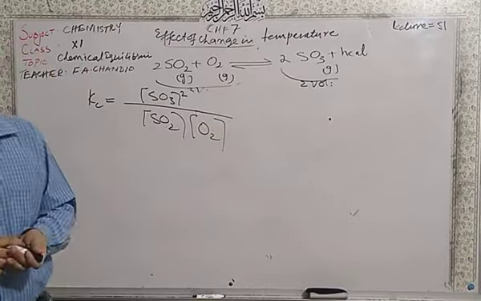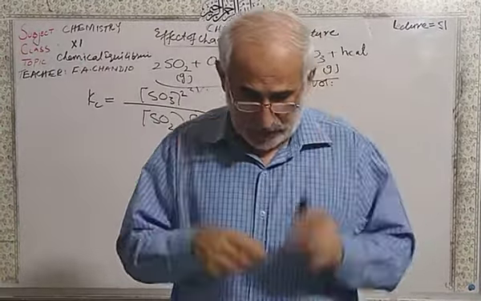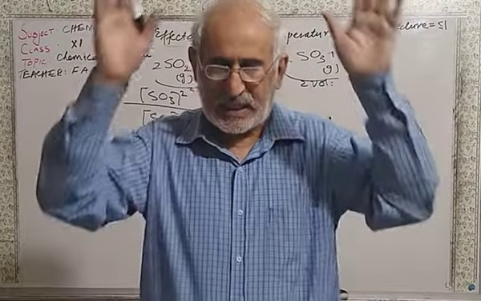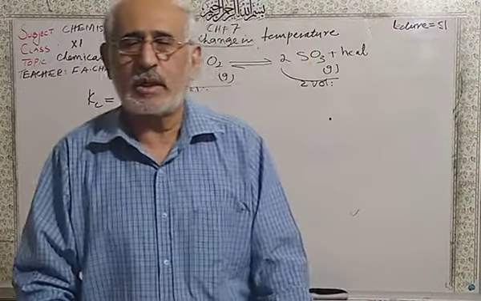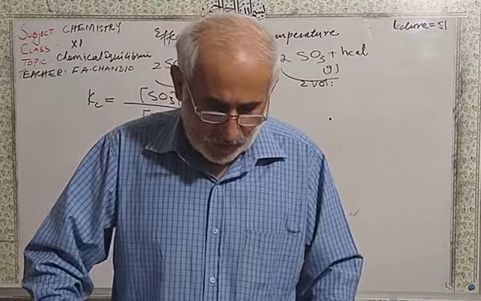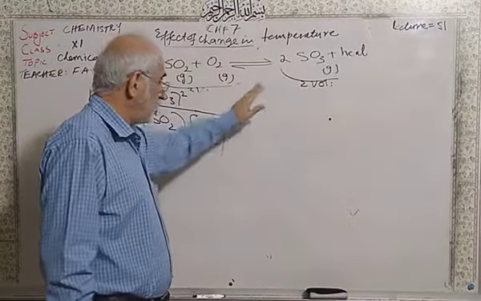So if you are going to increase the temperature, as the temperature is increased, heat enters the system. I told you, for the endothermic, the reaction will shift from left to right.